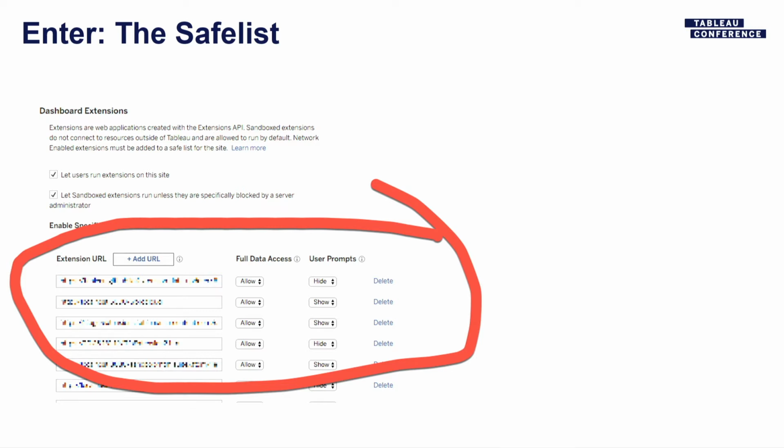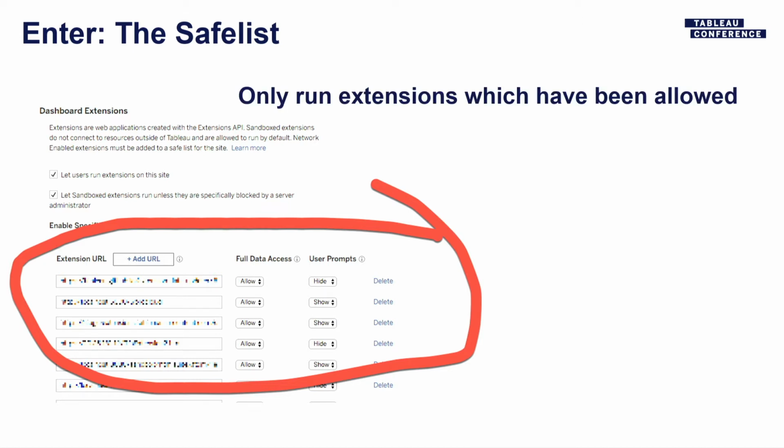In Tableau Server, there is a list in the settings where you can explicitly call out extensions that you want to run. By default, in Tableau Server, only extensions which are in this list can run. That does not apply for desktop. Nikhil will talk some more about options for that soon.